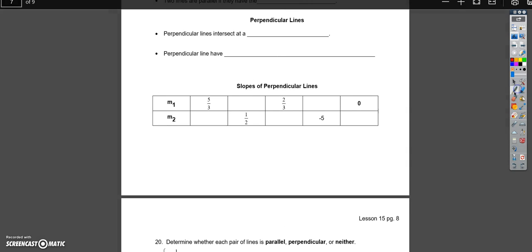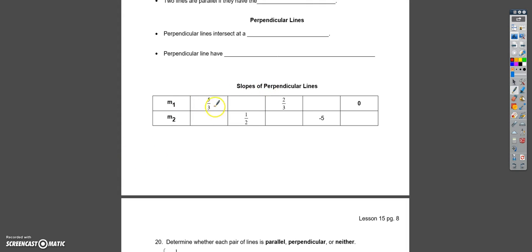So here, slopes of perpendicular lines. If we have 5/3 perpendicular, we have to change the sign, so it's going to be negative, and you flip the fraction, so 3/5. If I have 1/2, we're going to change the sign, flip the fraction.